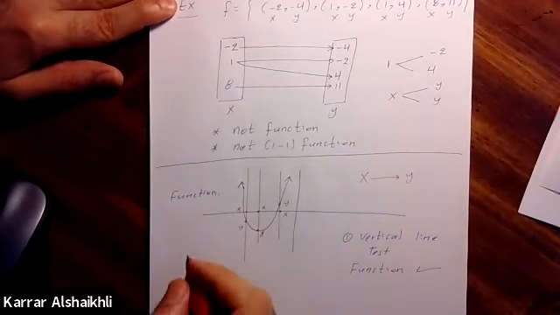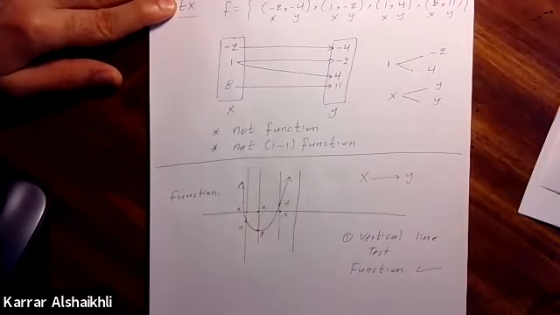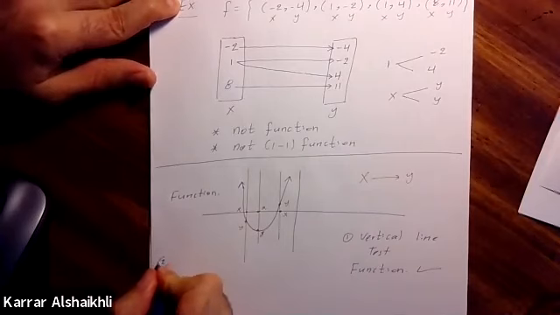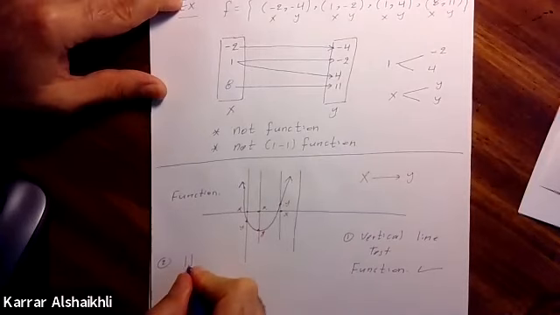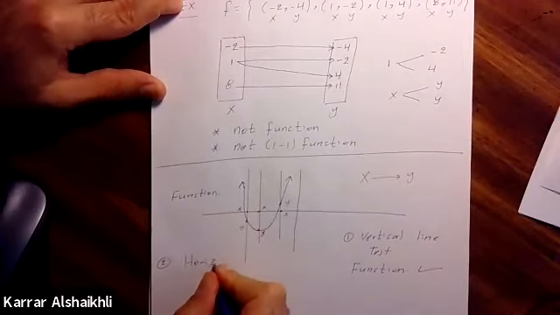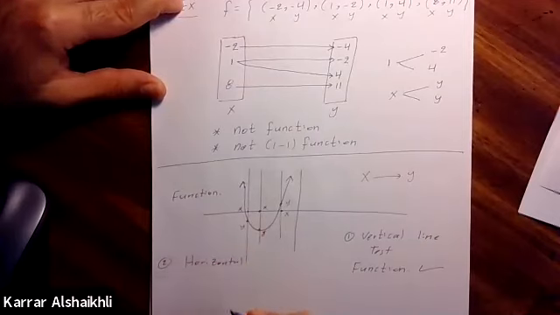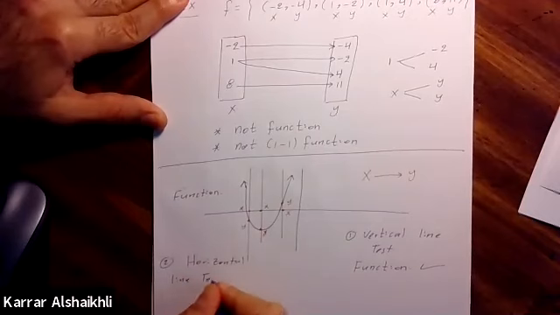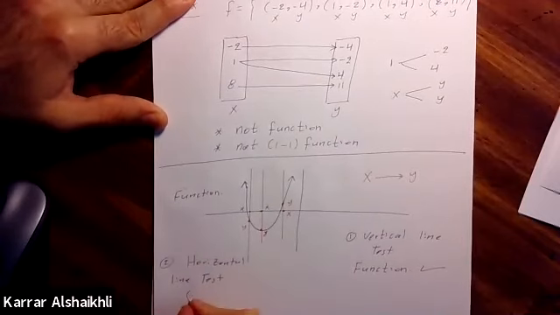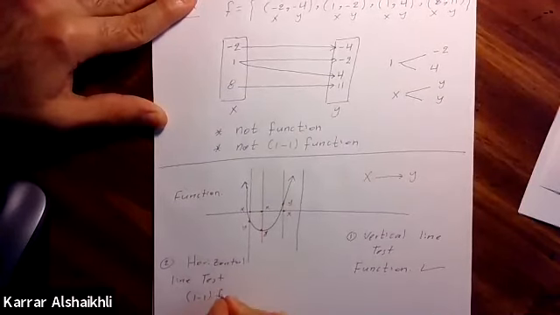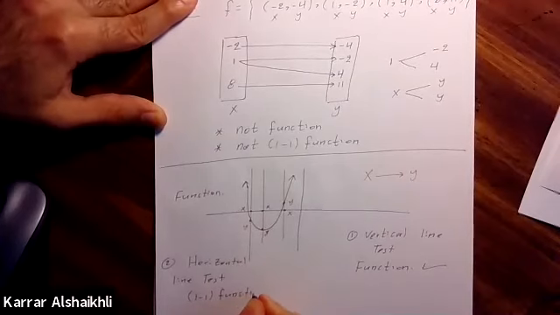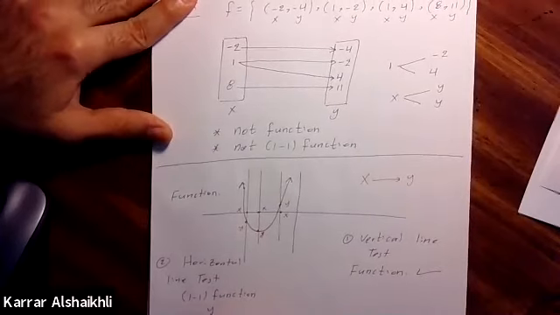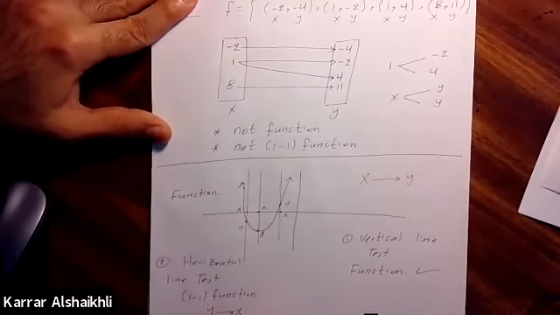When you have a graph, the second condition is going to be a horizontal line test to check it's a one-to-one function, to check each y goes back to 1 x.